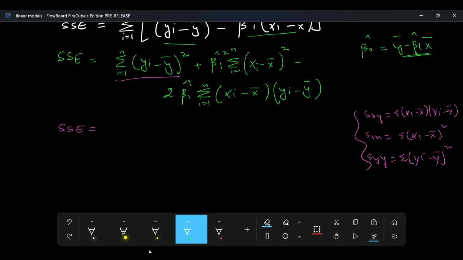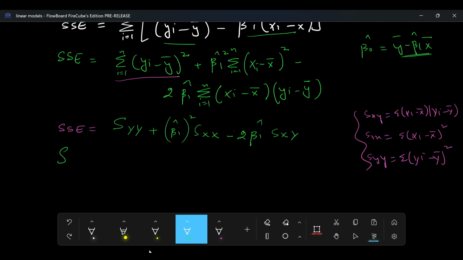फिर से समझो. See, this is my SYY plus beta 1 hat square SXX minus 2 beta 1 hat SXY. Clear?